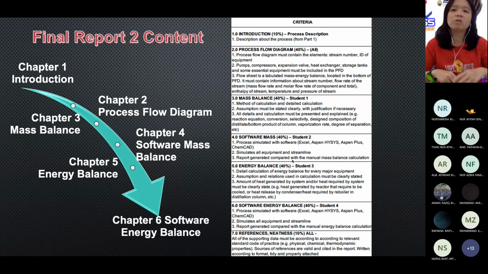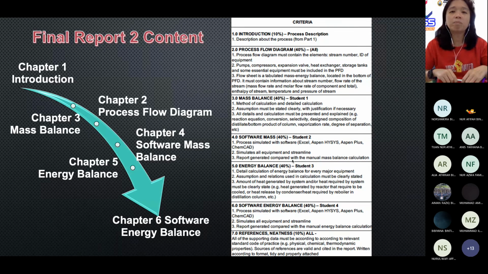Likewise, for the 2 students who will be doing the energy balance, you are supposed to share the information. You're supposed to use the same information to calculate. So if you work together, you get the same answer from simulation and manual calculation, most likely it should be correct.